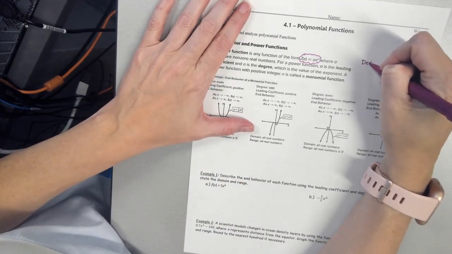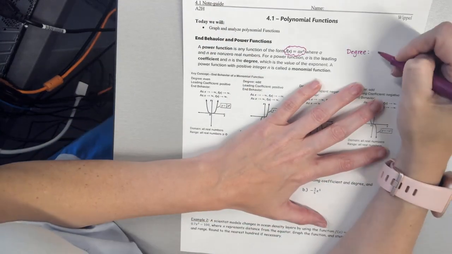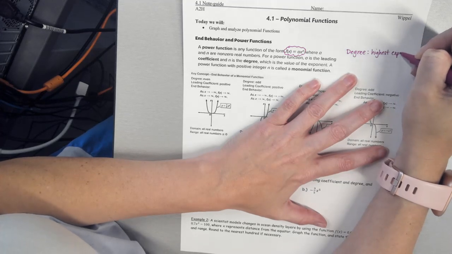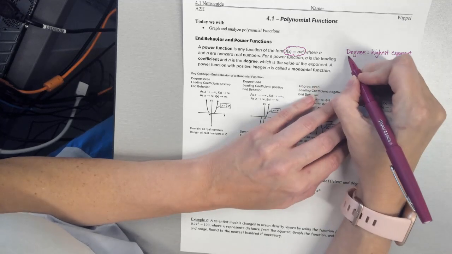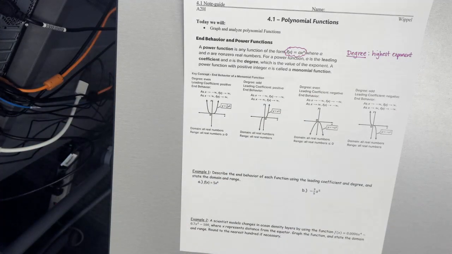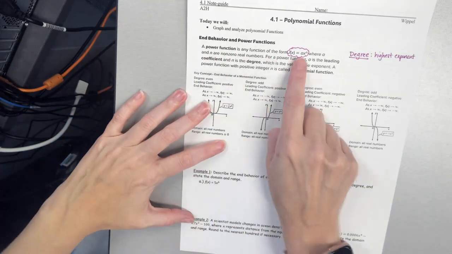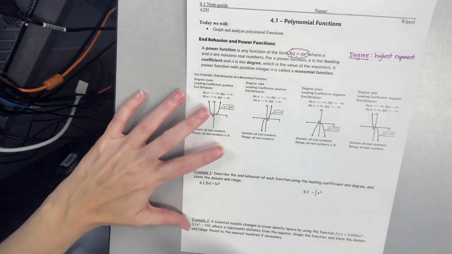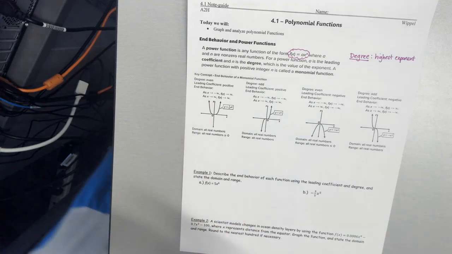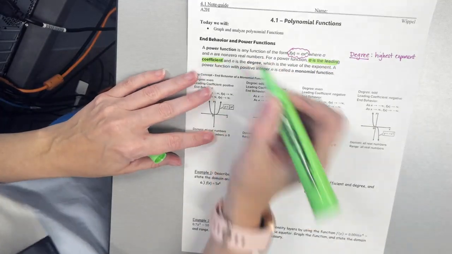When you are finding the degree of a polynomial, you are looking for the highest exponent. Okay, so to find the degree of a function, you are looking for the highest exponent. Okay, and all they're telling you here is that these two values, a and n, are not zero. Okay, and a is the leading coefficient.